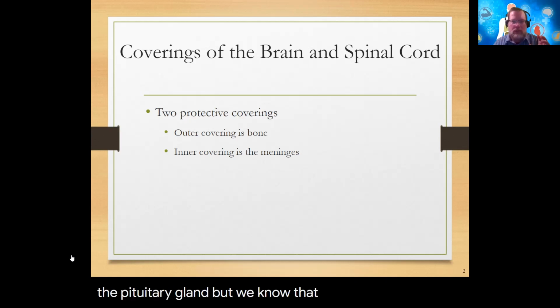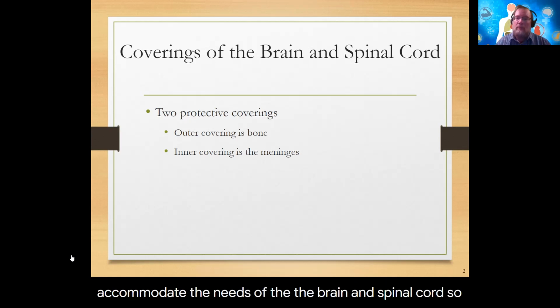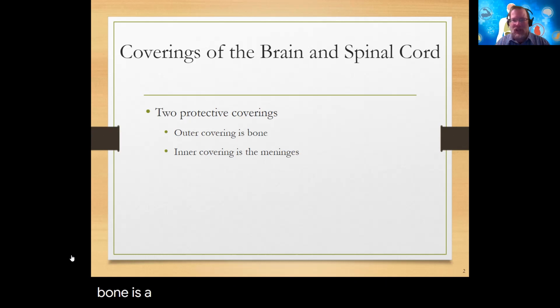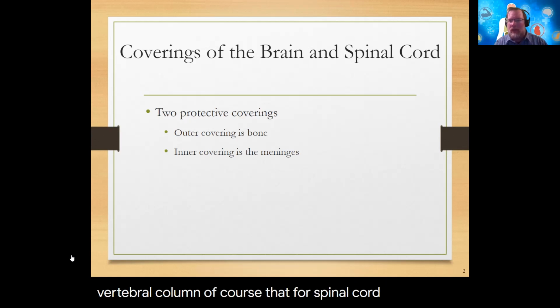But we know that the foramen magnum of the occipital is another bony landmark that helps to accommodate the needs of the brain and spinal cord. So bone is a covering of the brain and spinal cord, and your vertebral column, of course, for the spinal cord. And then underneath the bone, or deep to the bone, we do have 3 layers of tissue. We call those meninges.